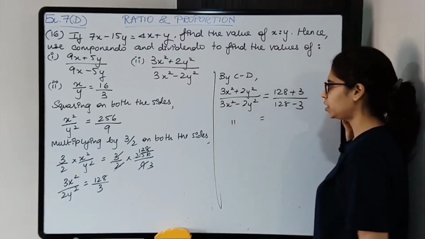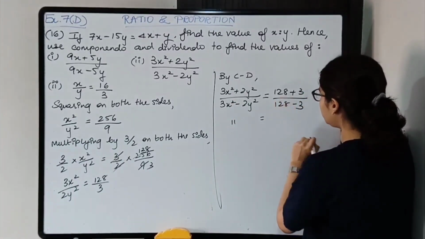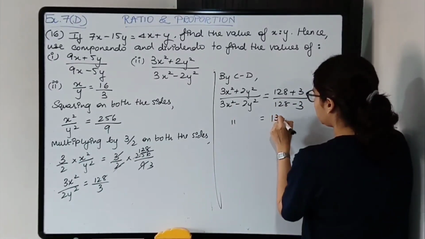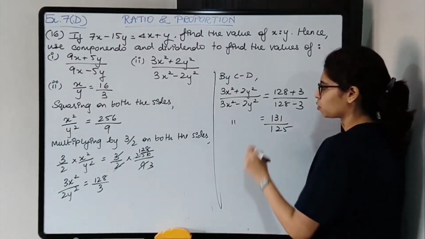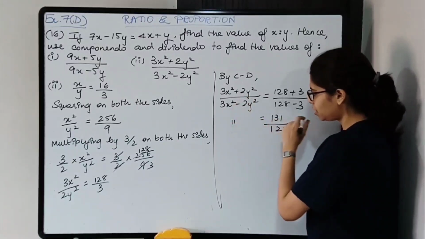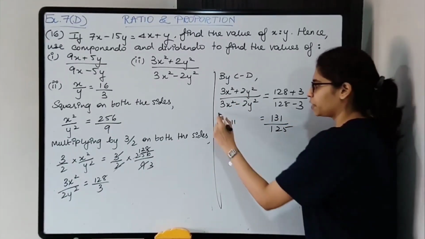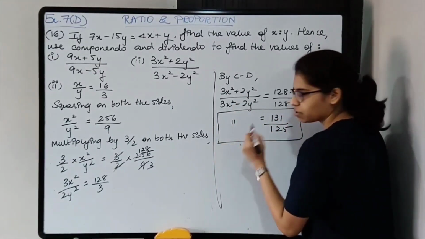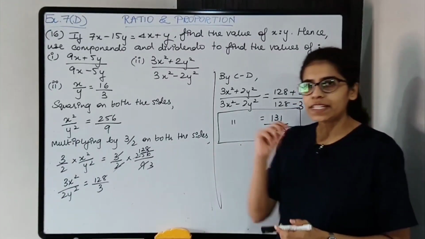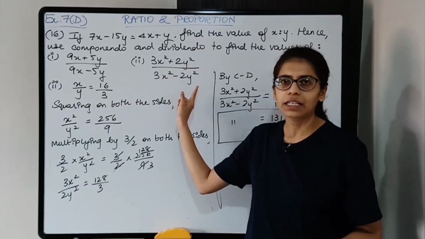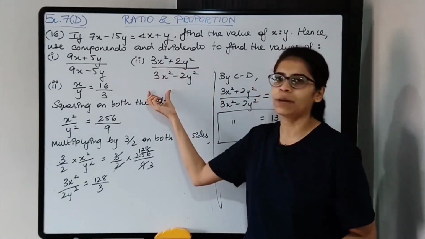So it will be equal to 131 upon 125. So the value of this is equal to 131 upon 125. You will write down and box this. So it's very easy. Always keep in mind, do the squaring part first and afterwards multiply by the number.